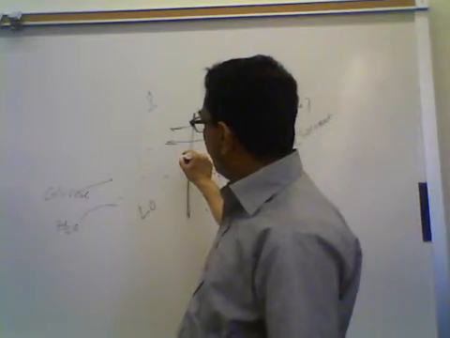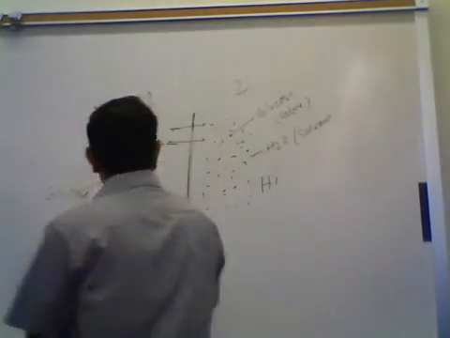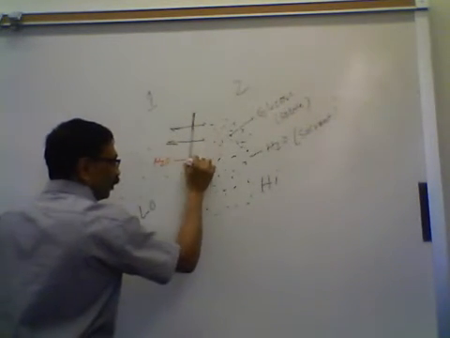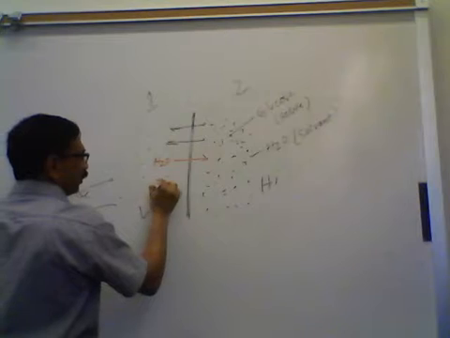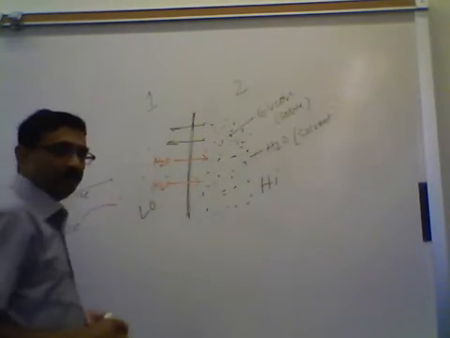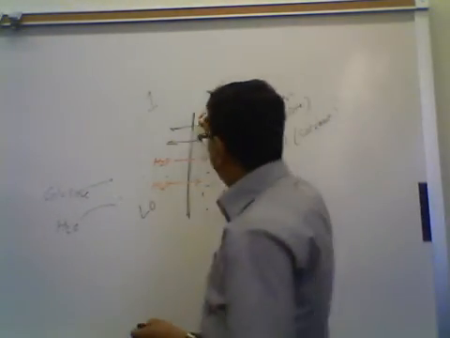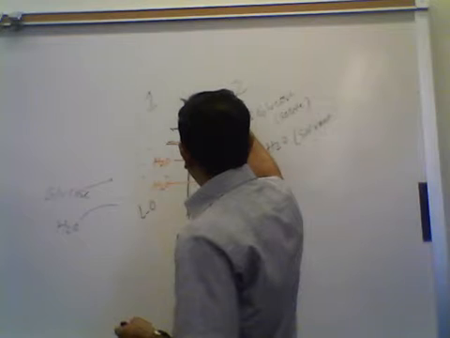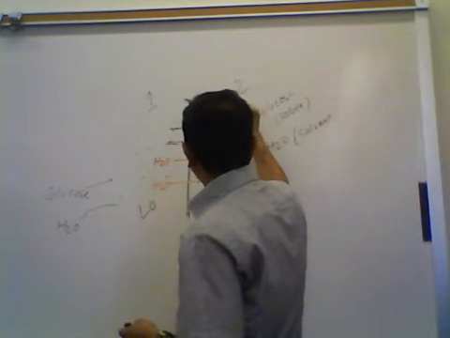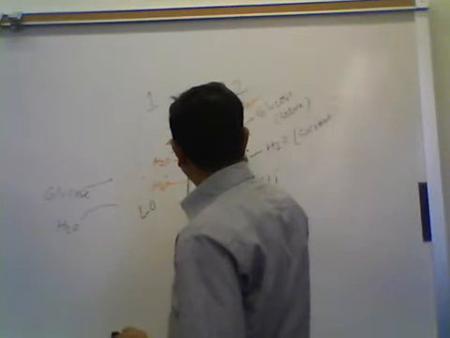Now, water, at the same time, will move from low to high, in the opposite direction, and that is called osmosis. So this one is simple diffusion, and this is osmosis.